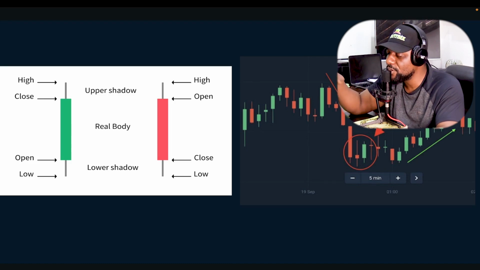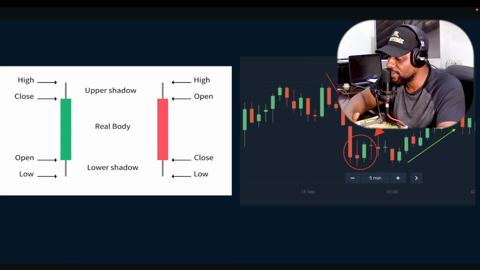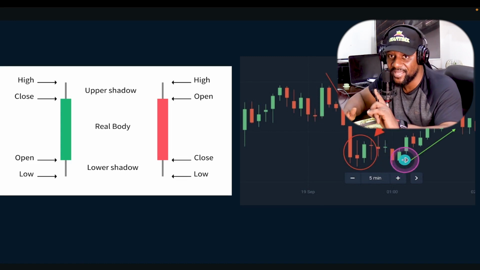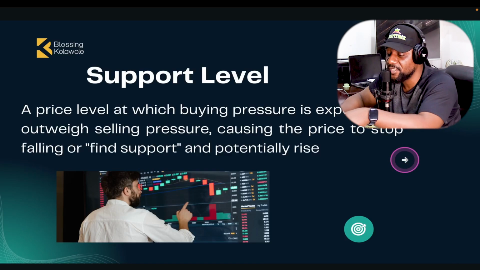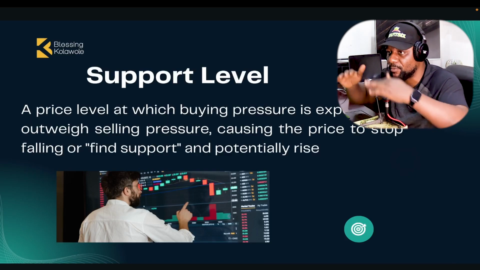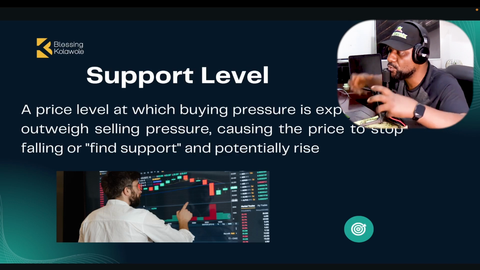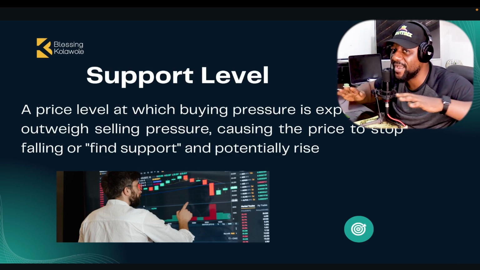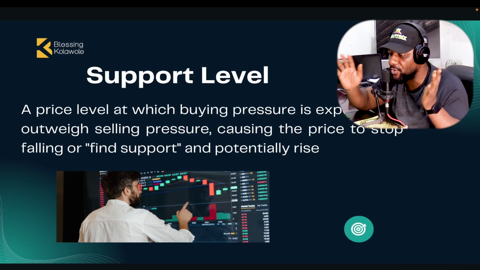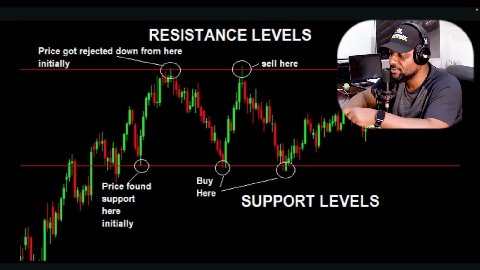Look at this one, it is coming down. The support level when it's coming down might be here. You can calculate that, and that's how you know it is the price level at which the buying pressure is expected to outweigh the selling pressure. That means people that are buying outnumber people that are selling. The price will start going up, and you must get this support level every single time.